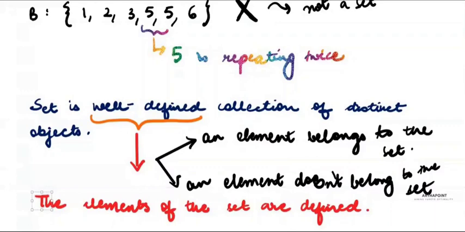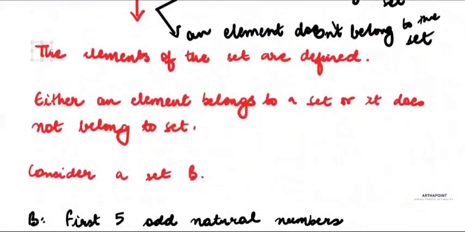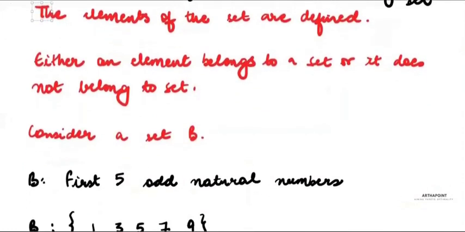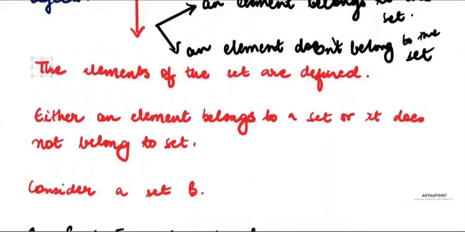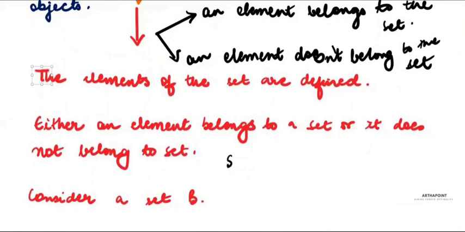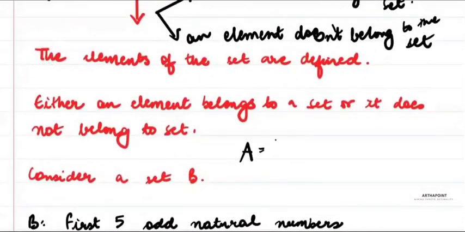So let's take an example here. I tell you that I am referring to a set of first four natural numbers. My set A is the first four natural numbers.